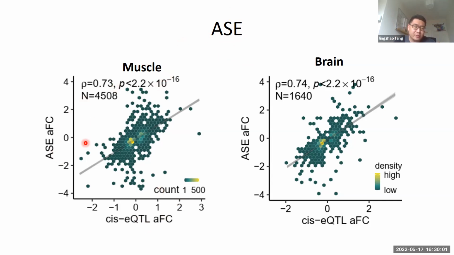After we did the allele-specific expression, we looked at the matched loci between these two analyses and looked at the effect size. We can see there is good correlation. These are just two examples in muscle and brain, but this is consistent across all the tissues we have. And this correlation is quite good and almost the same as that detected in human GTEx.